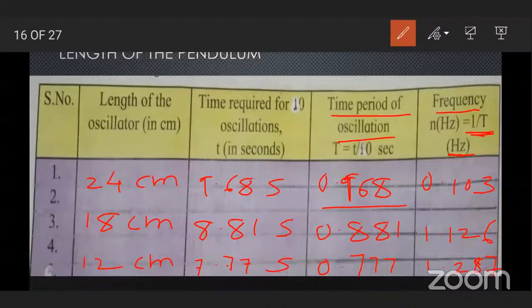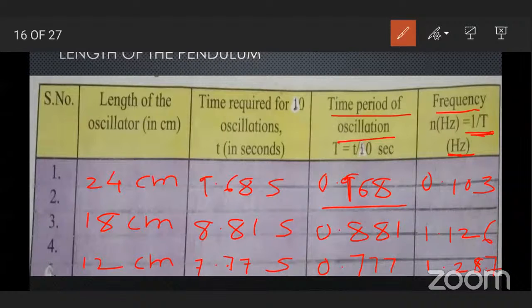See, if the length of the oscillator is decreased, first time 24 centimeter, second time 18 centimeter, third time 12 centimeter, it means the length of the oscillator decreased here. And here you can observe the time period of oscillation also decreased.